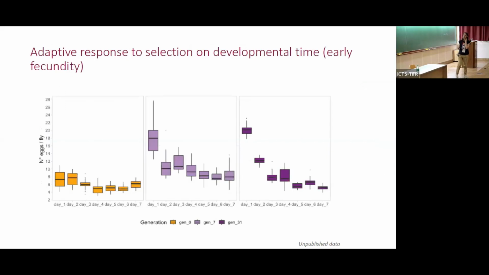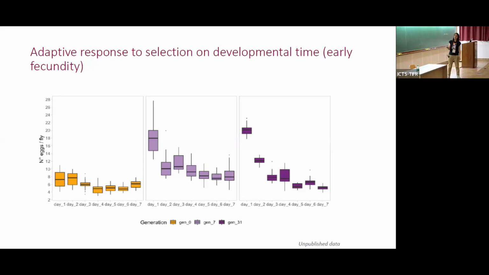And then I want to emphasize that this increase in fecundity is kind of like 2 different traits, because we increase for higher reproduction, but also early fecundity. Here is the same data set, but the previous one was the sum of eggs that each fly lays during the course of 1 week. And now we divide it into 7 days. So this is the founder population, generation 7 and 31.